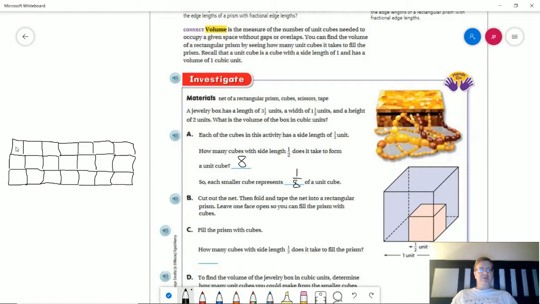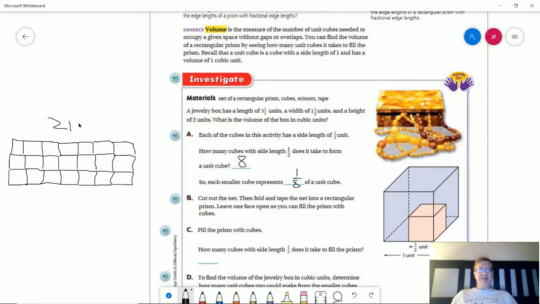And so I'm going to have a total of 3 times 7, which would be 21 blocks at the half unit high mark. And then I could do this 3 more times. So my first one gives me 1/2, my second one would give me 1, my third one would give me 1.5, and my last one would give me the height of 2, which is what I'm going to need.